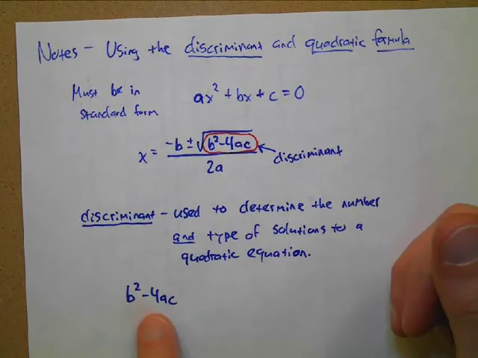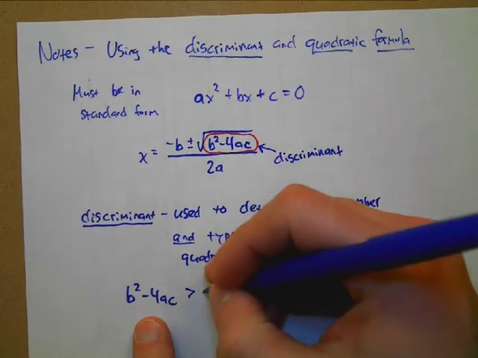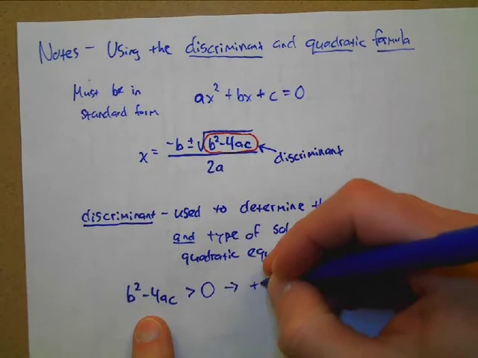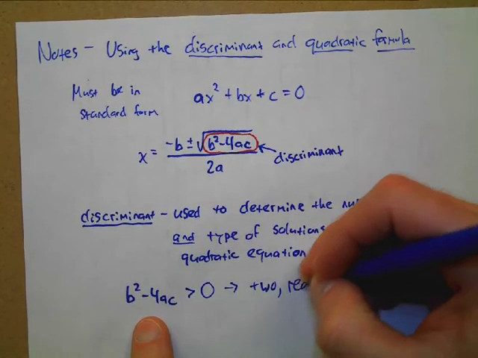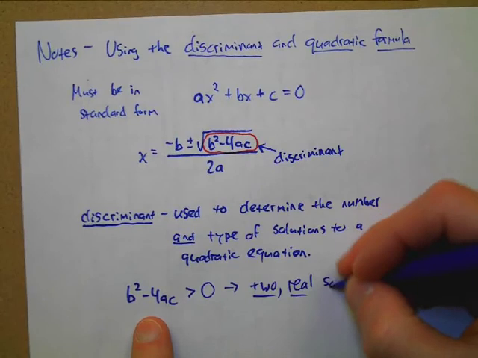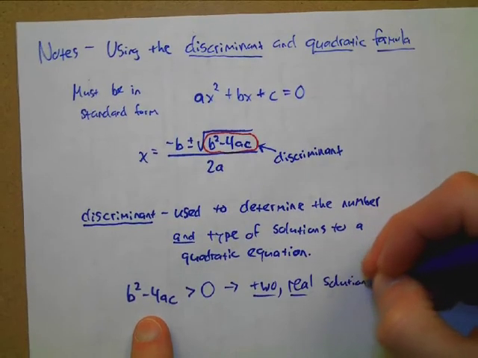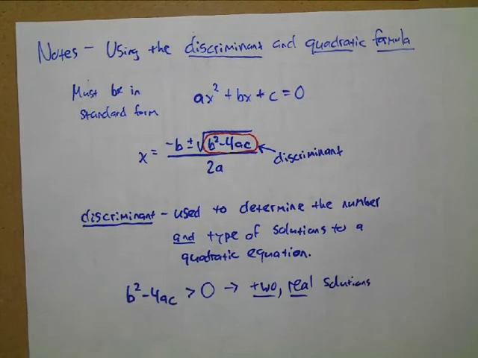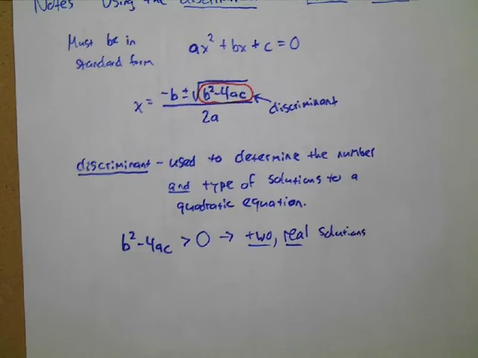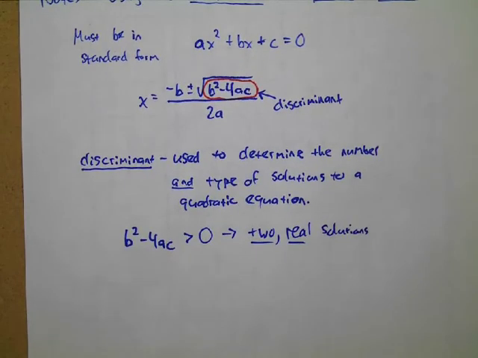If your discriminant is greater than 0, that means you have 2 real solutions. So the discriminant will not tell you what the solutions are, it will just tell you how many solutions there are, which can be helpful information. It's a quicker calculation, but it tells you less information. Right, again, a trade-off.